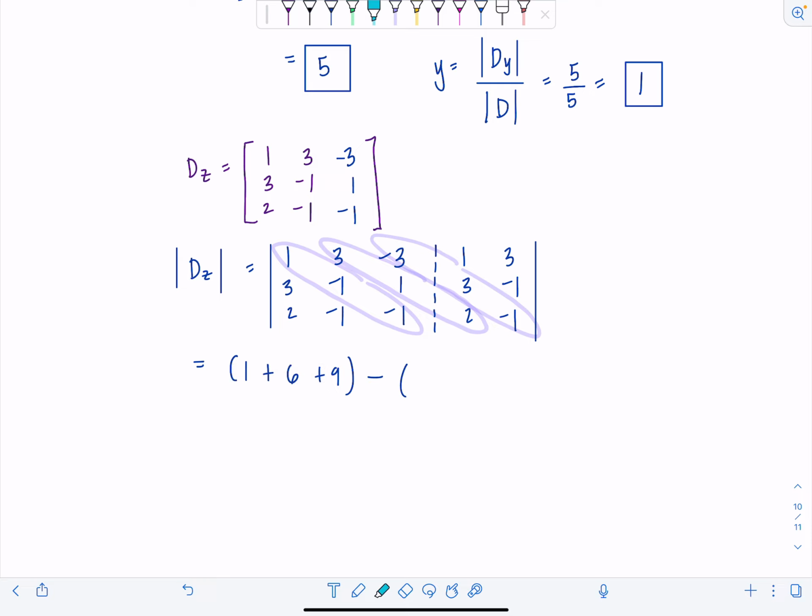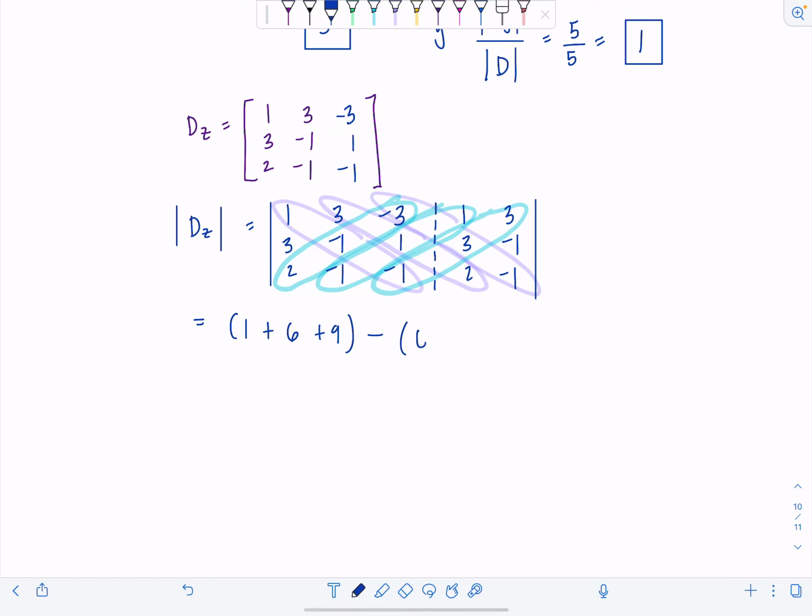Then I subtract this product, this product, this product. 2 times negative 1 times negative 3, that's 6. Negative 1 times 1 times 1, negative 1. Negative 1 times 3, negative 9. So 1 plus 6 plus 9, that's 16. Minus, what's this? Negative 3 minus 1, negative 4. So that's 20.